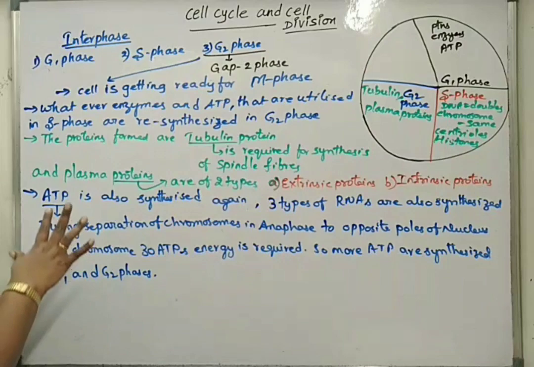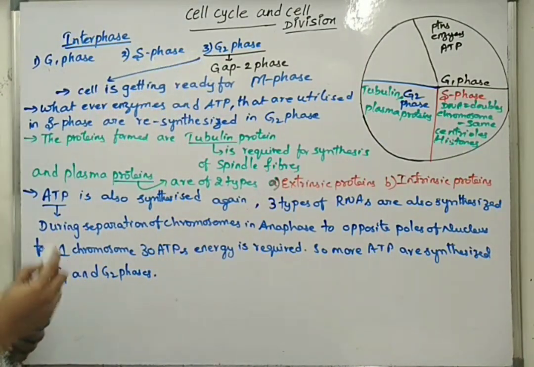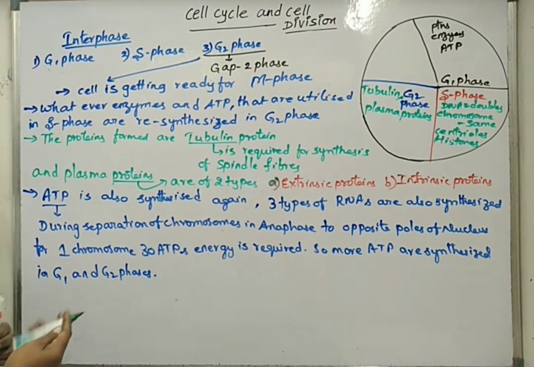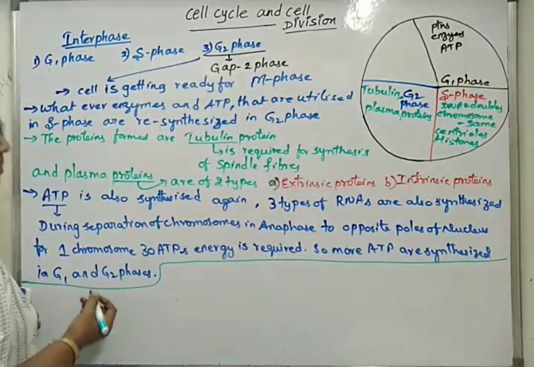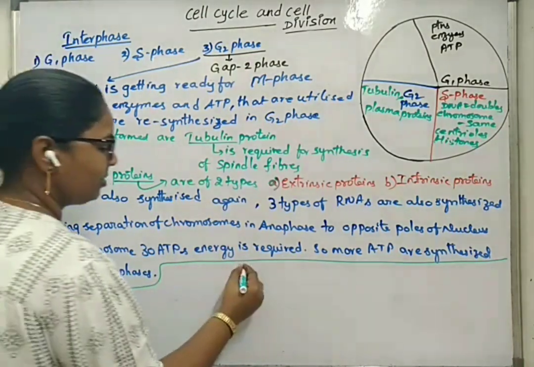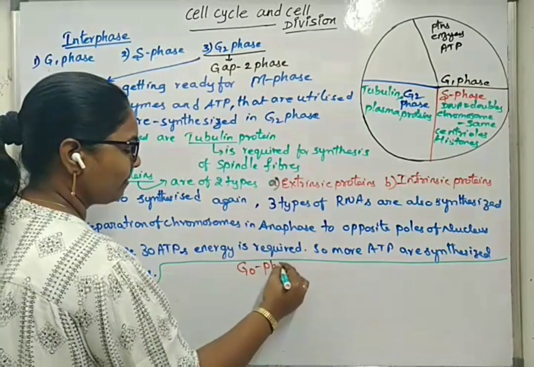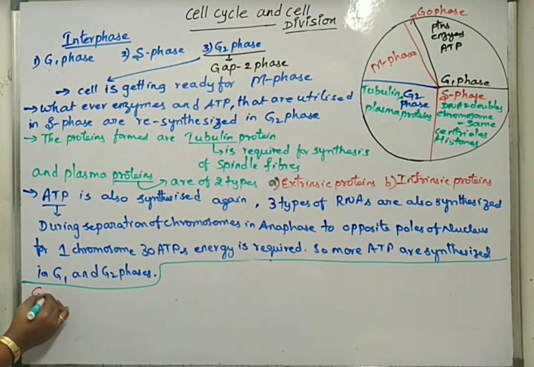Apart from these types of G1, S phase, G2, there is another type of phase called G0 phase. This is not go, this is G0. I'm writing it this way.